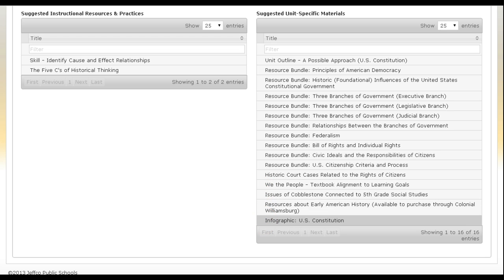And some other things that you might want to look at. Again, this is a great place, but these resource bundles will always retain this type of organization up here. Over on the left, you might see some skill information or different instructional items. So here up the top, we see identifying cause and effect relationships, because that happens significantly in social studies. So I hope this little tour has helped you.